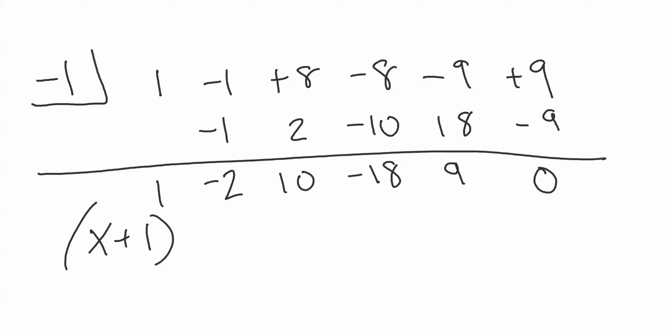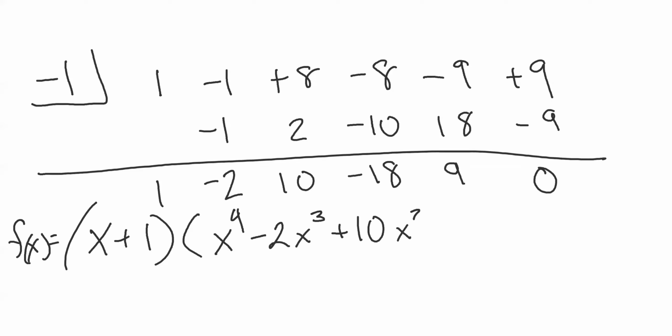And we can rewrite our f of x as f of x equals x plus 1 times x to the 4th, then we take our next coefficient, -2x to the 3rd plus 10x squared minus 18x plus 9.